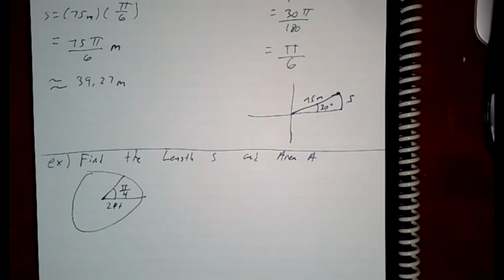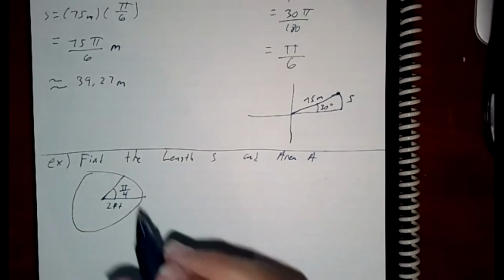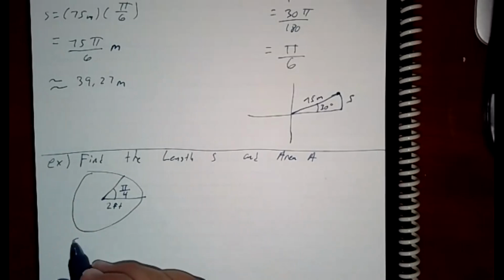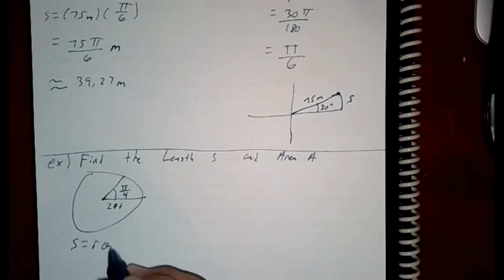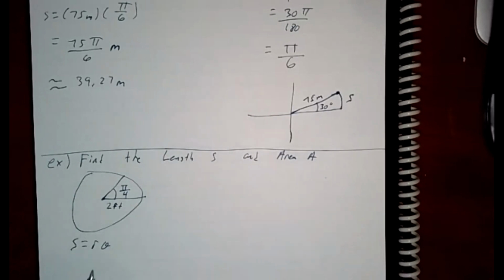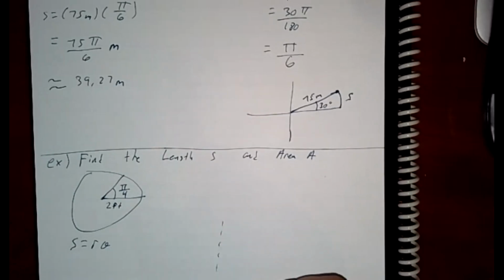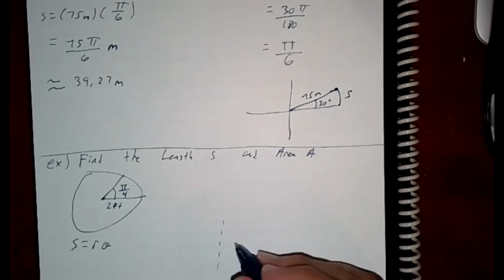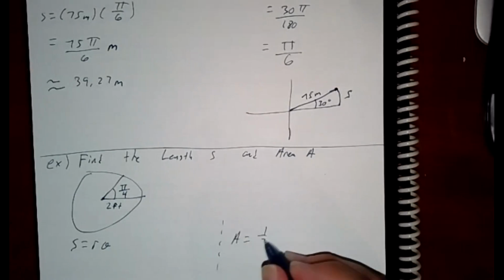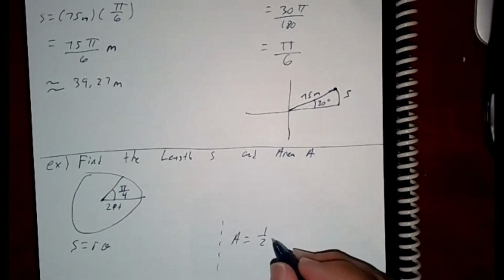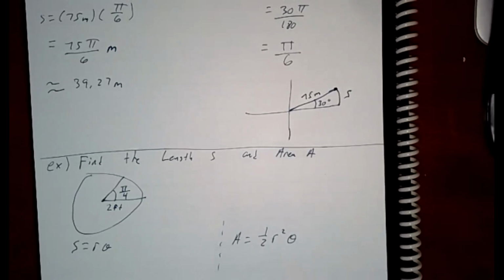So we have to find two formulas. So S is equal to R theta for the arc length, and area is equal to 1/2 times R squared theta.